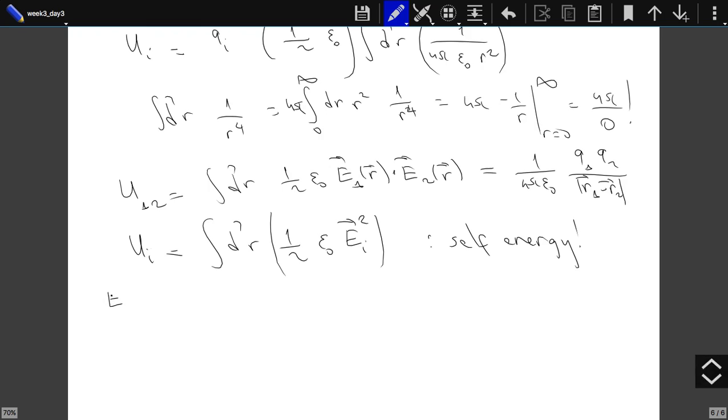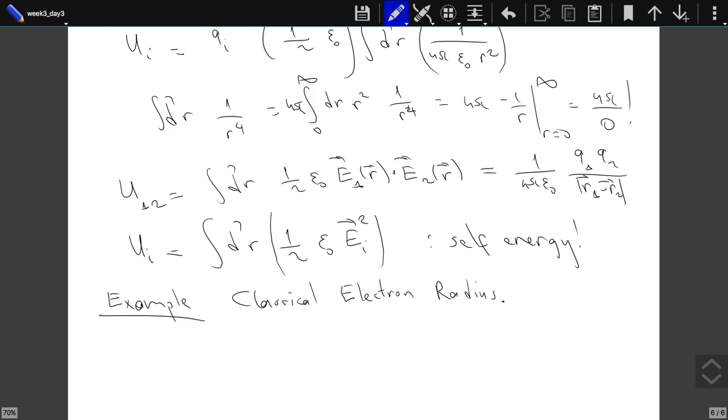Now let's look at an example. Classical electron radius. Well, I said yes and no to his question, because if a system has infinite energy, then it has infinite mass, E equals mc squared.